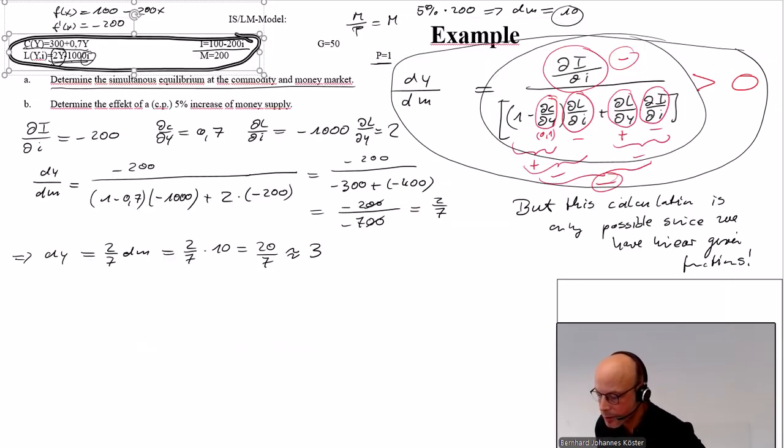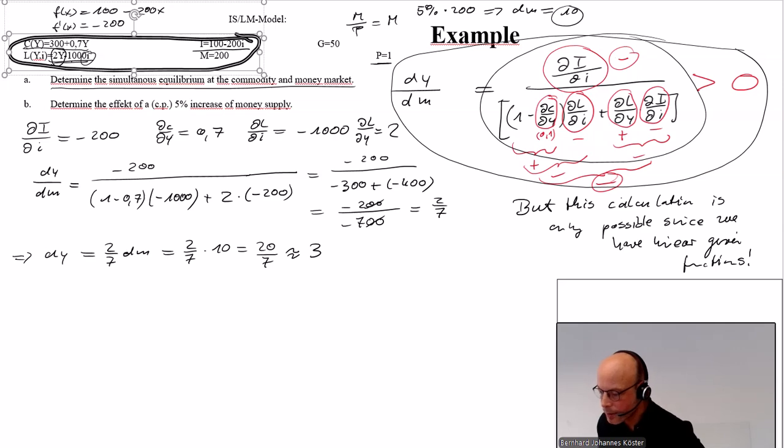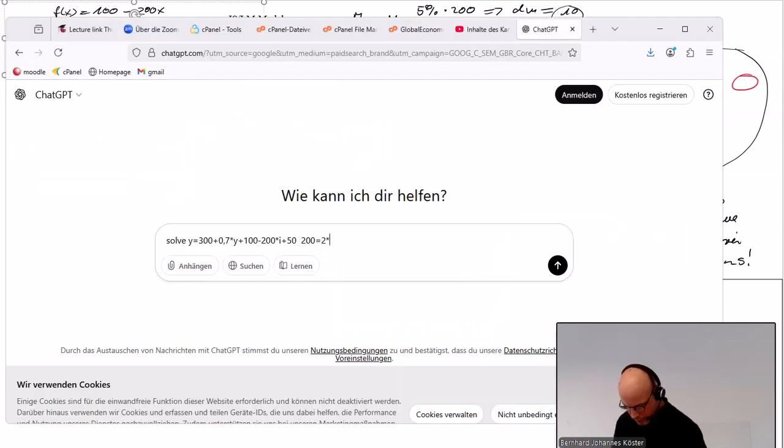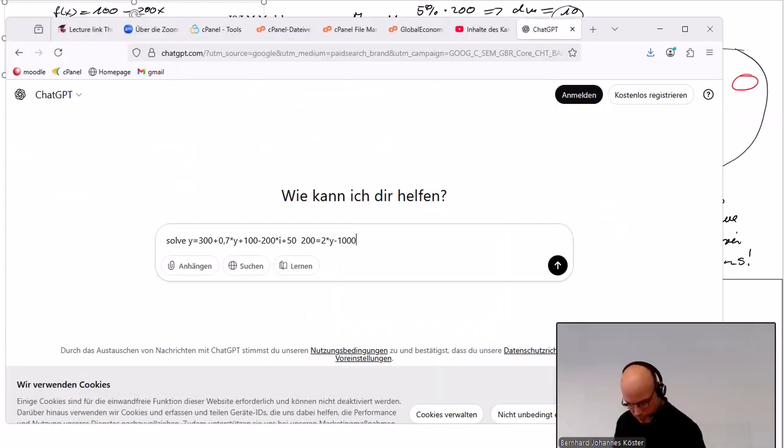Government expenditure, okay? And we have 200 equals 2 times Y minus 1000 times I.